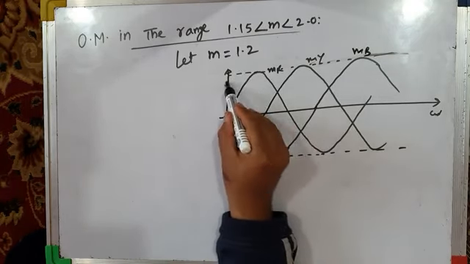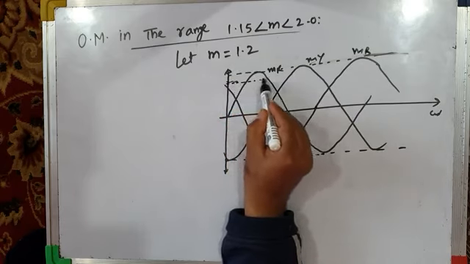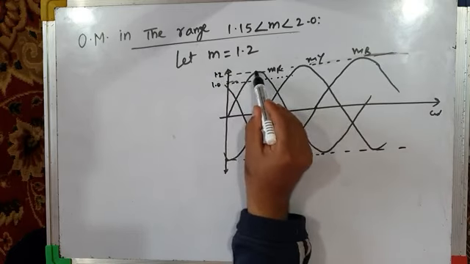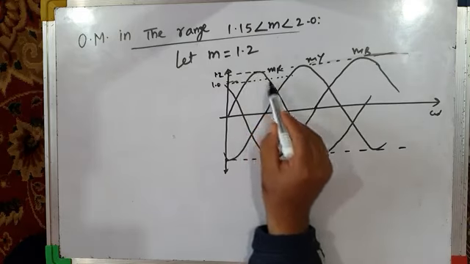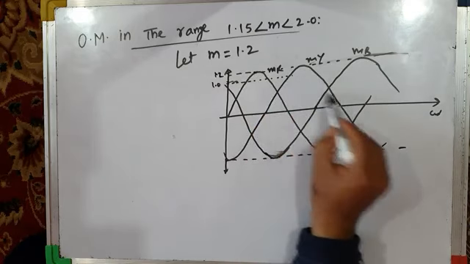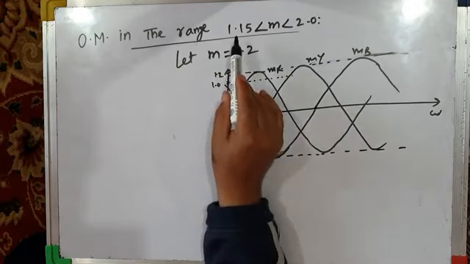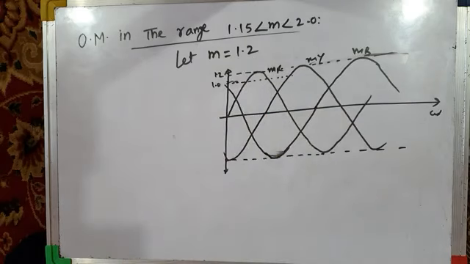This is a modulation index of 1 here. Say somewhere here we have a modulation index of 1.0. This is 1.2. So the peak of each sinusoidal modulating wave, MR, MY, MB, is 1.2. You can see it's greater than 1. And we are considering this range and we have taken m equal to 1.2.